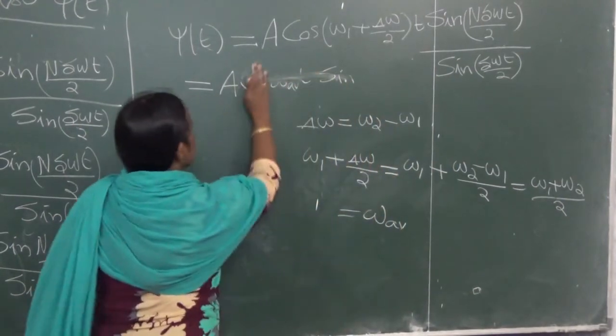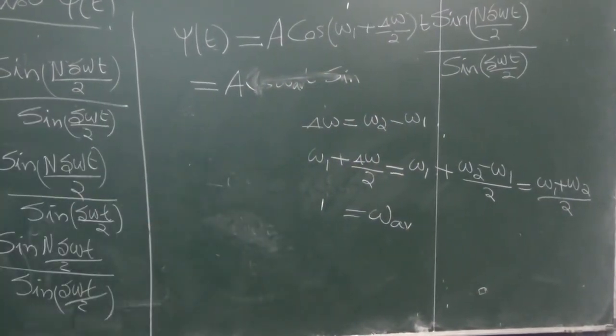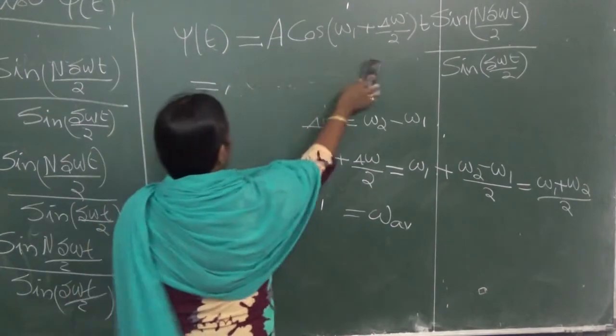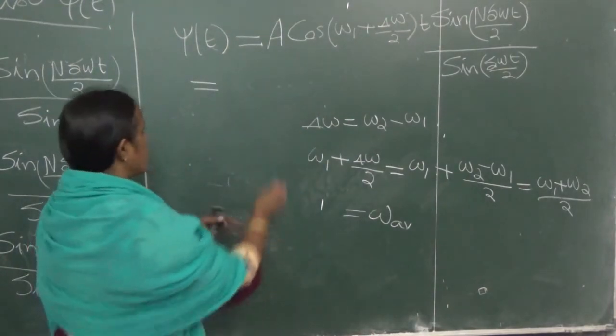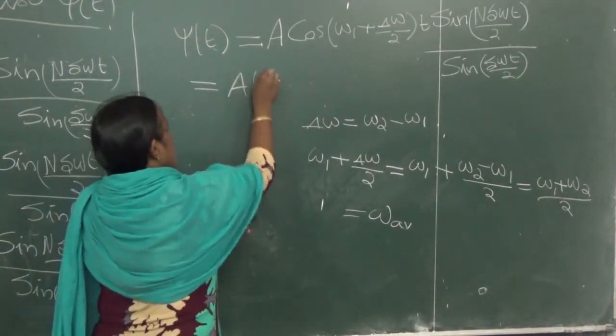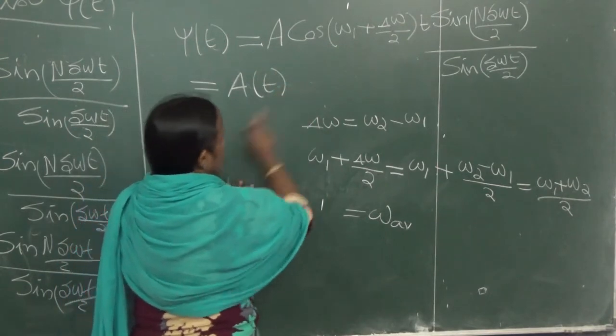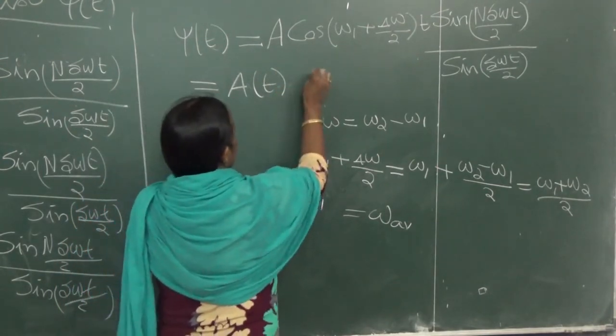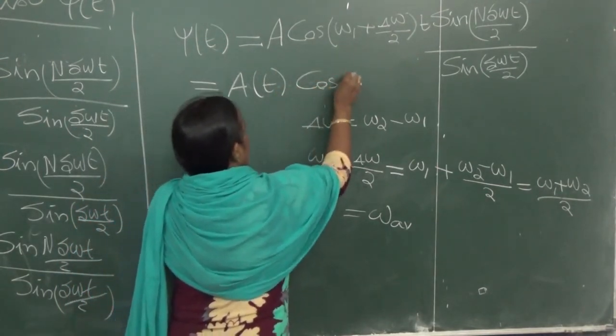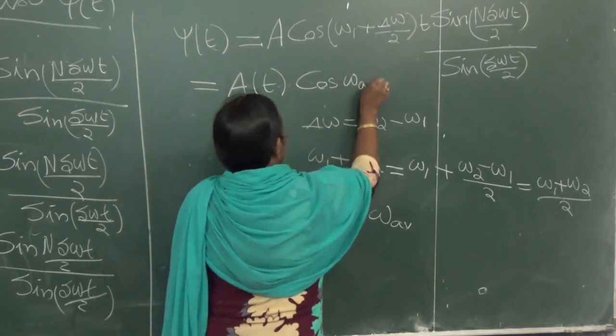Or we can write this expression as A of t into cos omega AB t.